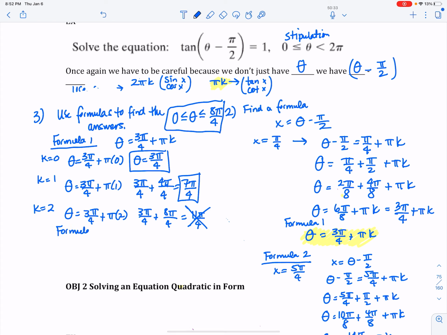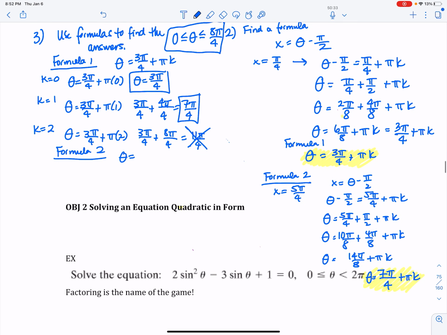Let's use formula number 2. So theta for formula number 2 equals 7 pi over 4 plus pi k. So k equals 0. Theta is going to equal just 7 pi over 4 because that pi times 0 will drop off.